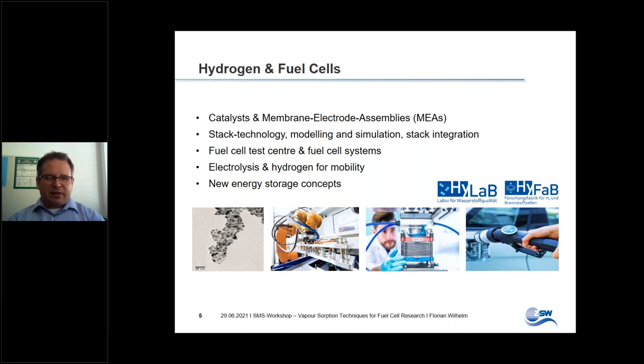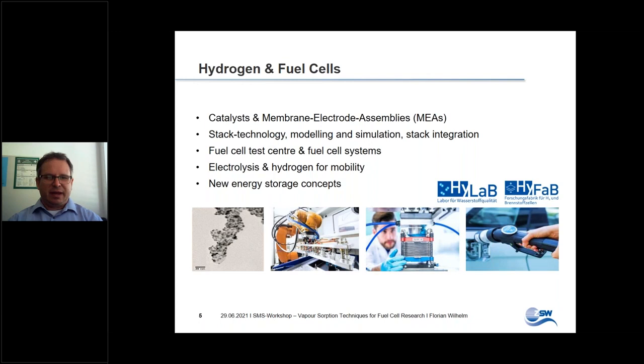On the right side, you see two logos. One is the HyLab, that's a laboratory for hydrogen quality we're operating. Today, this is specifically important for mobility applications, because the question of how pure hydrogen needs to be to be appropriate for use in automotive applications is quite an important one.